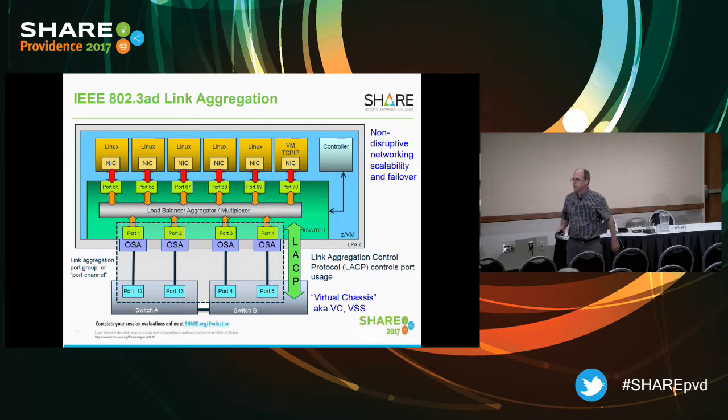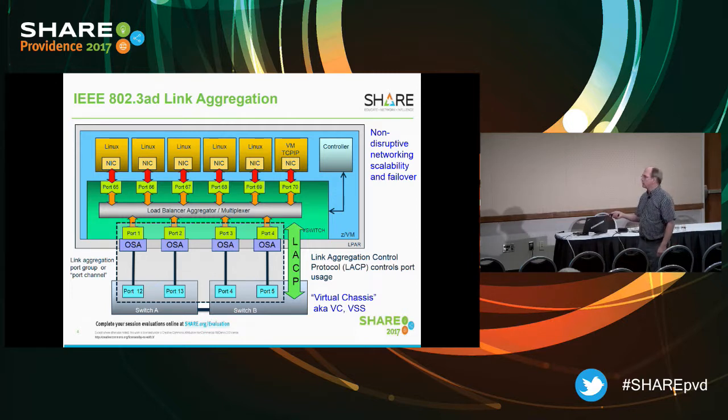You're good to go. Then the virtual switch takes that port out of the group and says, I've taken it out of the group. Then the physical switch says, okay, we're good. And if I want to add one in, it says, I'm going to add one into the group. Okay, I've got him. So there's this link aggregation control protocol. LACP is the communication that takes place between switches.